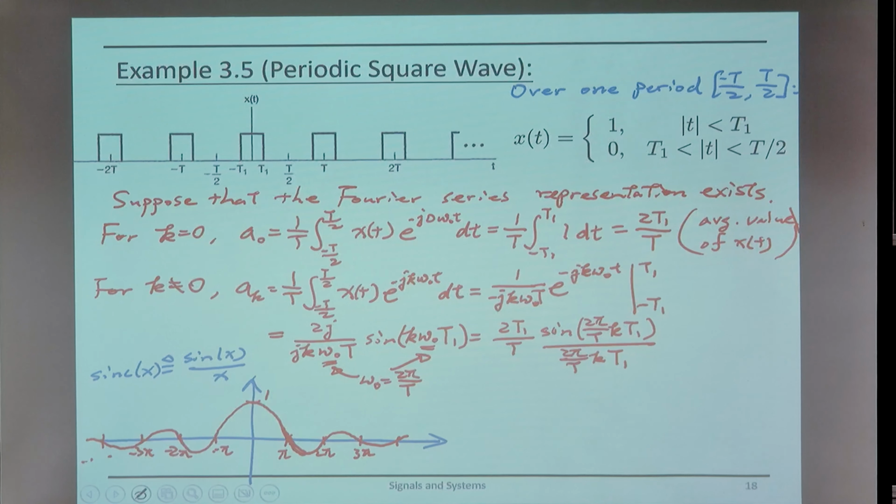Here we're drawing a sinc function with respect to x.